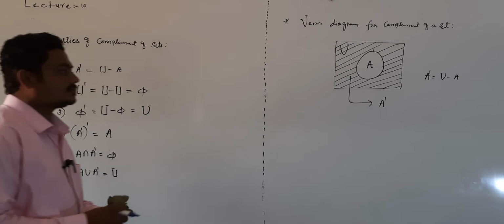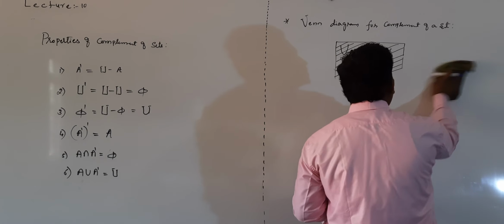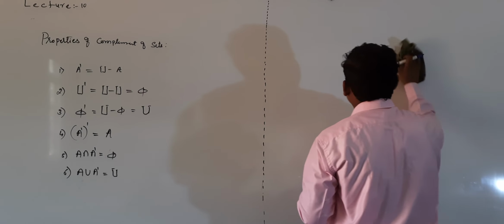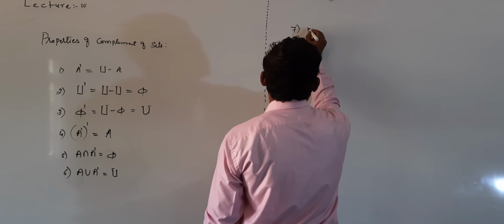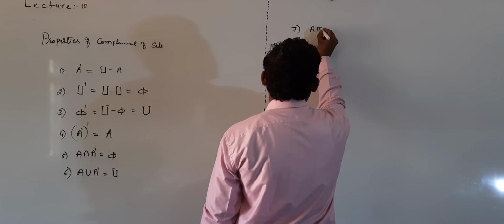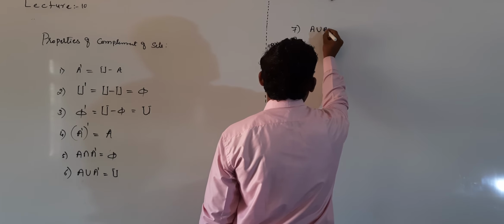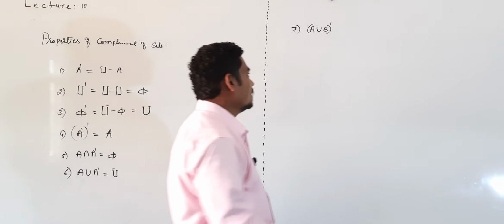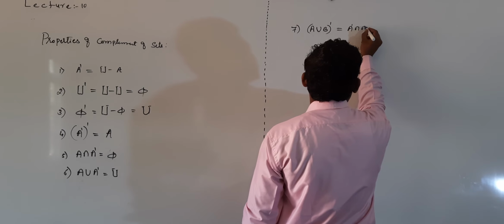Next, A union B whole complement equals A complement intersection B complement.